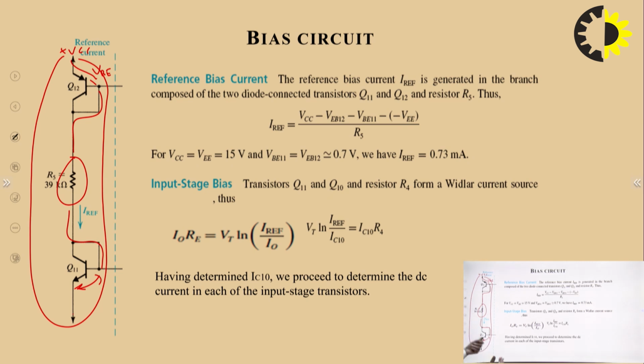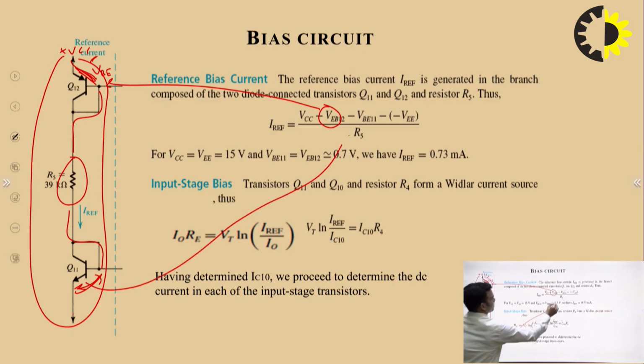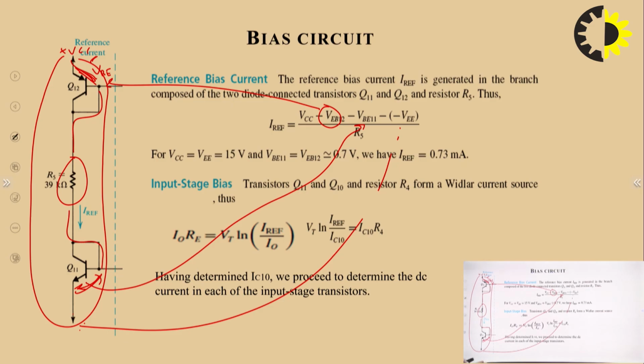So you can simply write that I reference will be equal to plus VCC minus VBE12 minus VBE11 minus VEE, divided by R5.